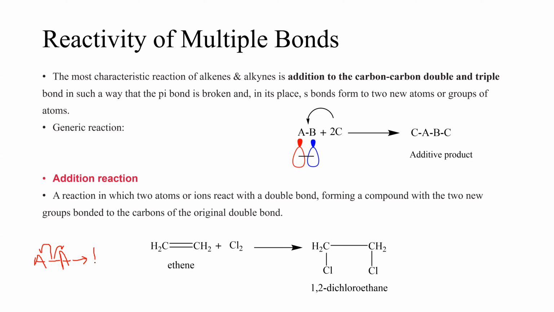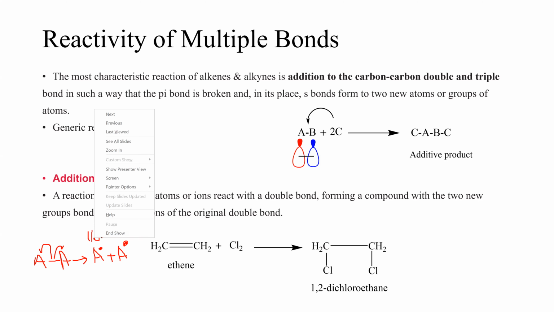The overall bond break will look like this: there is A with a dot, showing the A radical, and the second A radical, right? So this is homolytic cleavage.